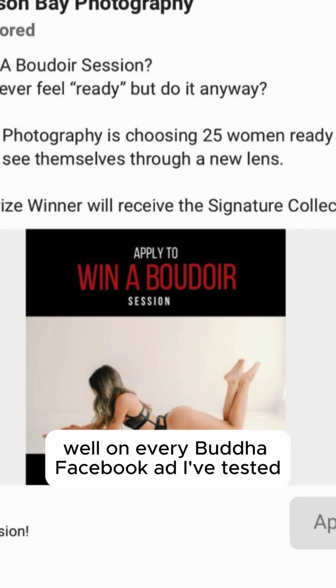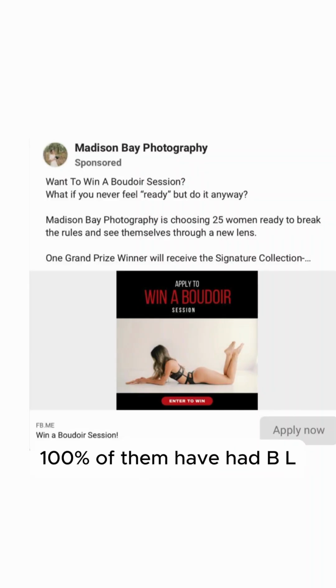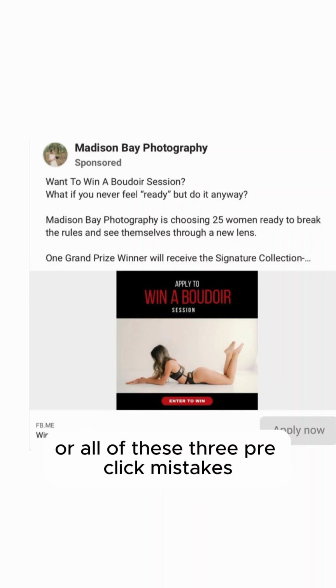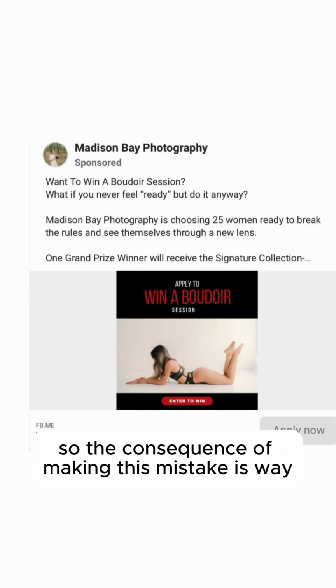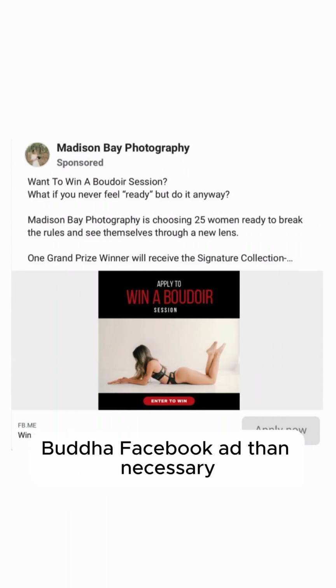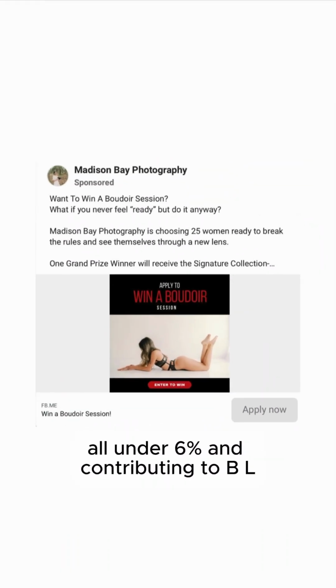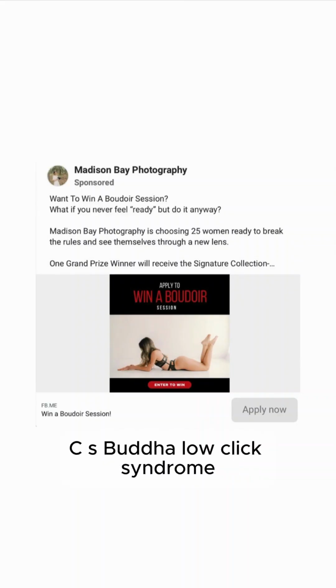Well, in every Boudoir Facebook ad I've tested and the backends I've looked at, 100% of them have had BLCS, Boudoir-Low-Click syndrome, because they're making some or all of these 3 pre-click mistakes. So the consequence of making this mistake is way, way, way more women scrolling by our Boudoir Facebook ads than necessary, pulling our unique CTRL under 6% and contributing to BLCS, Boudoir low click syndrome.